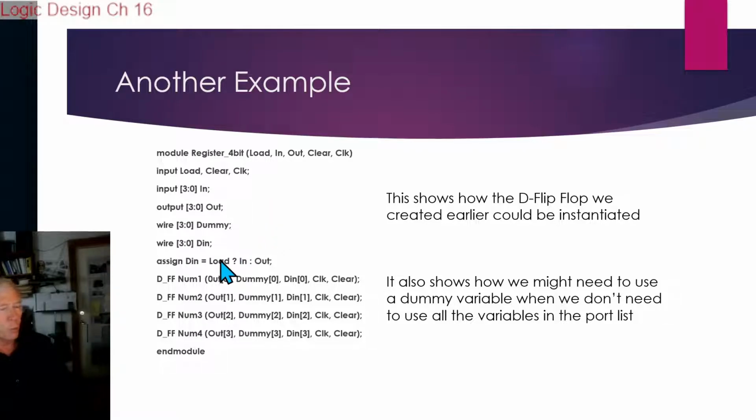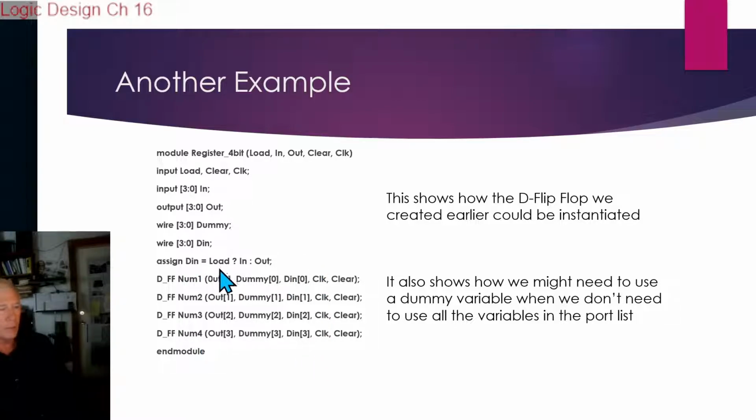So if load is 1, then the input will be assigned to D in, and then my D in 0 will get assigned to the D flip-flop on the clock. The D in 1 will get assigned to the number 2 flip-flop on the clock. Then D in 2 will be assigned to number 3, and D in 3 to number 4, all on the clock.